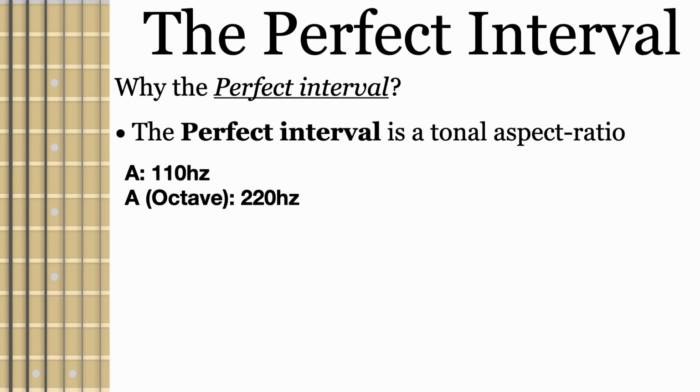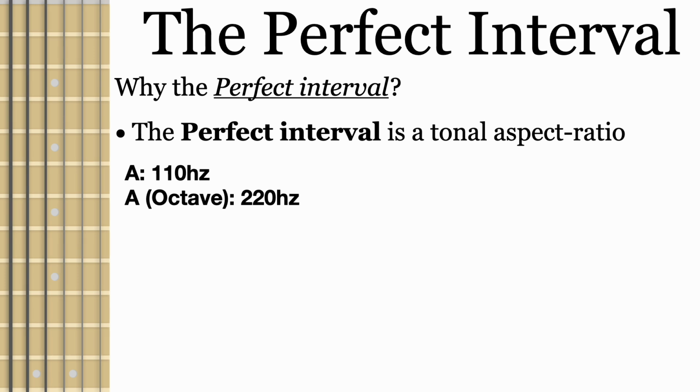So as we move up the fretboard, the reason that the pitch gets higher is because we increase the frequency that the string vibrates at, okay? Here, you can see 110 for the open string, or 220 at the octave, right? So we're looking at 110 to 220, and that's a 2:1, right?